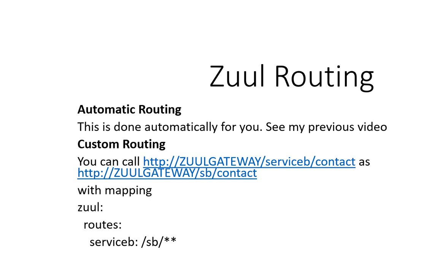Maybe you want to shorten it. So instead of calling service B, maybe you want to have SB. So you map it this way, like here in your Zuul application YAML file. Under routes, you say, if there is SB in the URL, map that to service B. That's the custom routing.